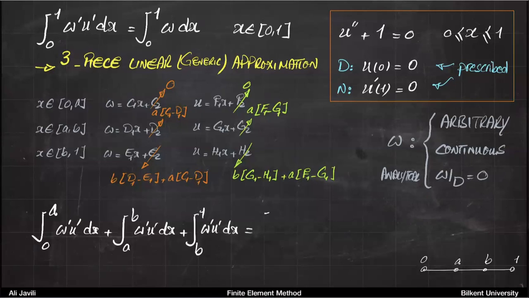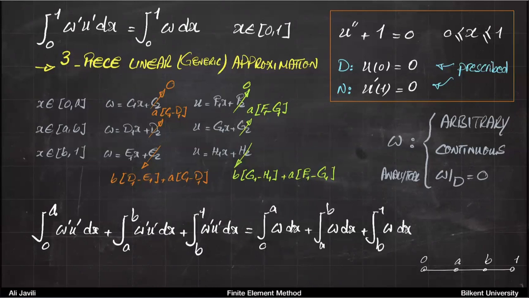And then the same thing on the right hand side, 0 to a w dx plus a to b w dx plus b to 1 w dx.